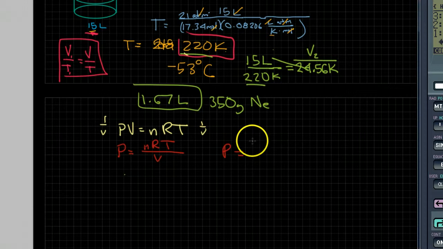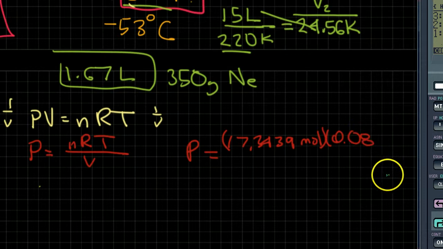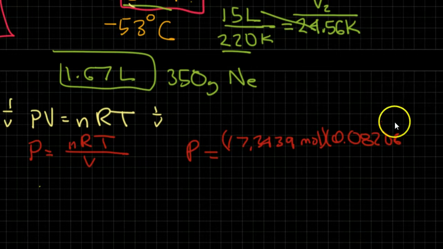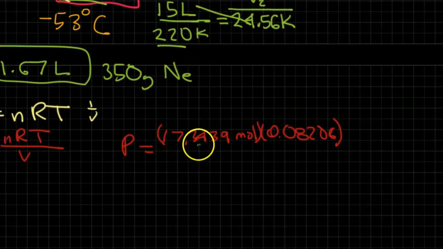We're saying 17, but I could do that in just strict number of molecules if I were a masochist. 17.3439 moles, right? Times R, and we said the R was 0.08206.